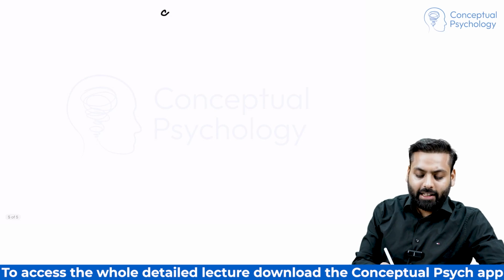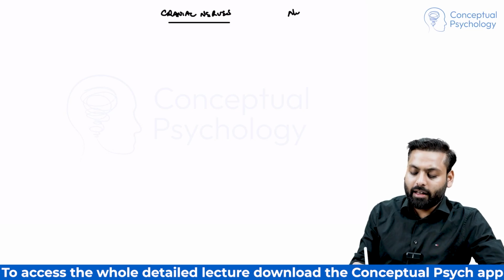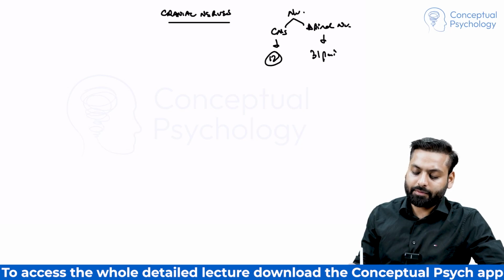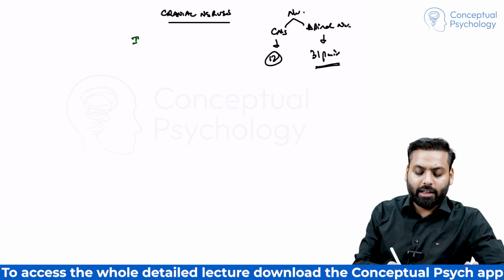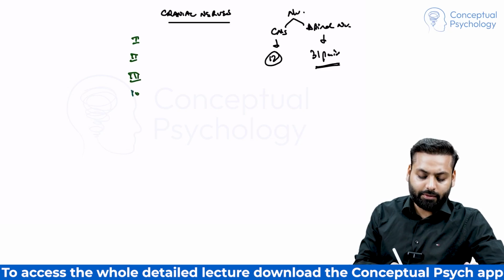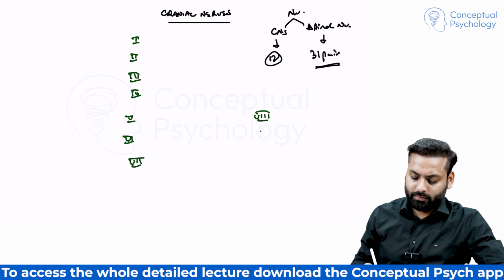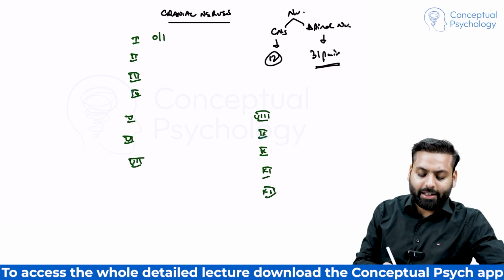Next topic is cranial nerves. In the body, nerves are divided into two parts: cranial nerves and spinal nerves. Cranial nerves are 12, spinal nerves are 31 pairs. Remember this. Give me the names of the 12 cranial nerves. We have done it. Come on. First is olfactory.